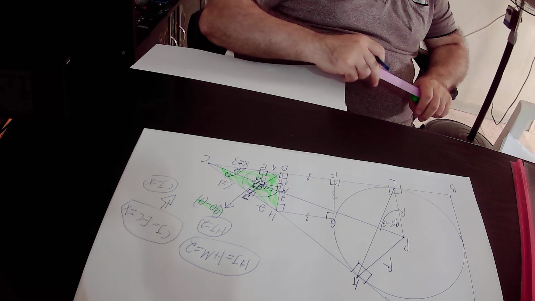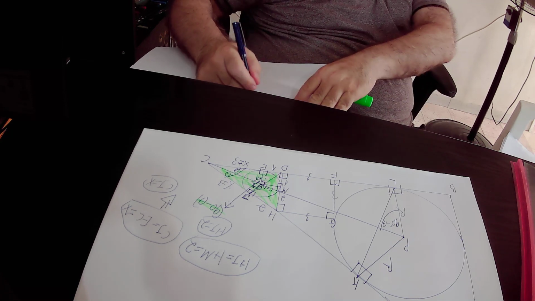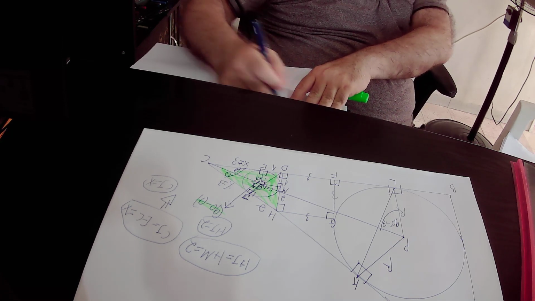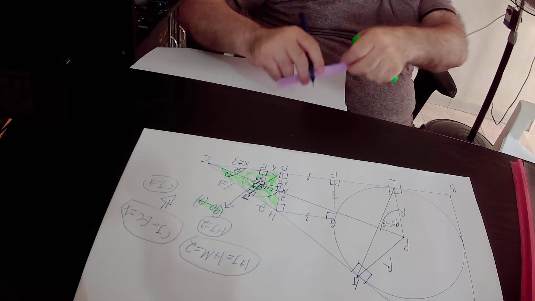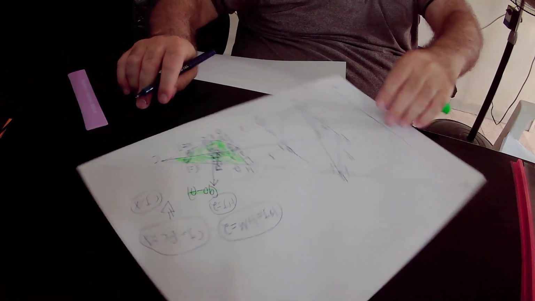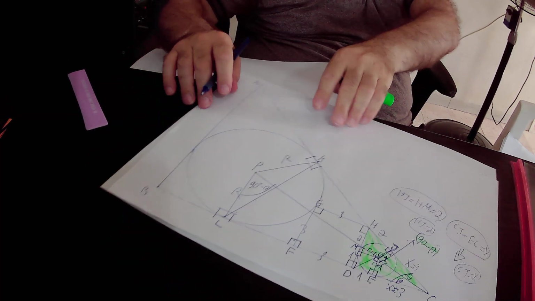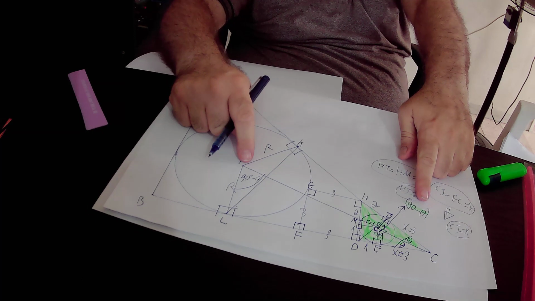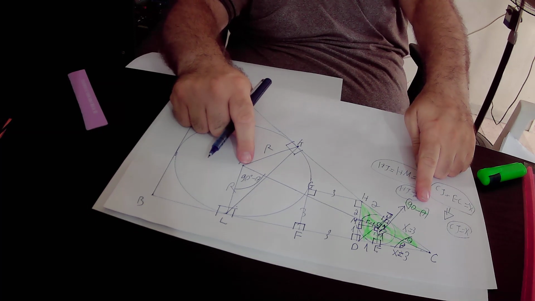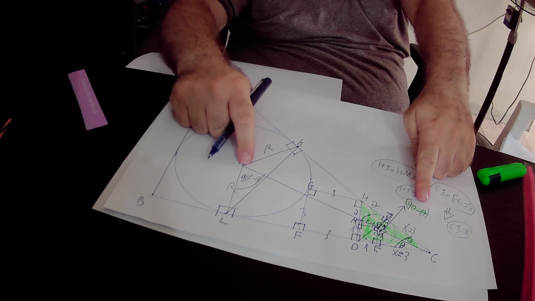So why are those two right triangles similar to each other? First of all, those two angles, they are both equal to 90 degrees minus theta, therefore they are equal to each other.